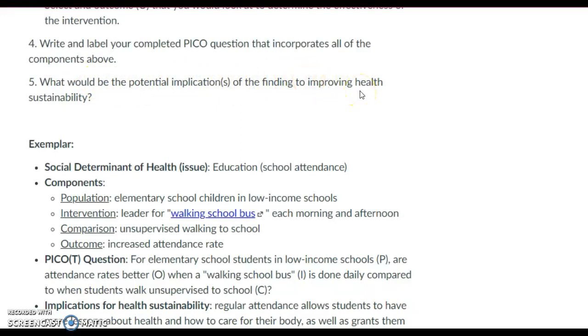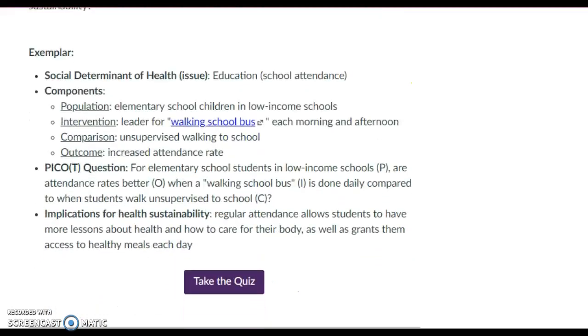what would be a potential implication of the findings to improve health sustainability. Again, this is upstream thinking, and I know that a lot of the questions won't immediately look like they are a nursing issue or a health issue, but all of these affect nursing care and health downstream. So, for example, if the social determinant of health that was being addressed was education, and the specific issue was looking at school attendance within that, the population could be elementary school children in low-income schools.